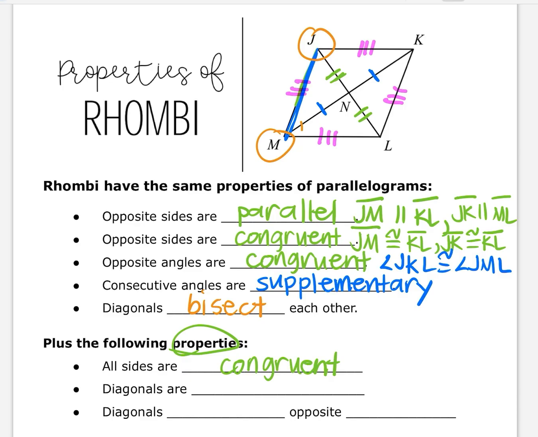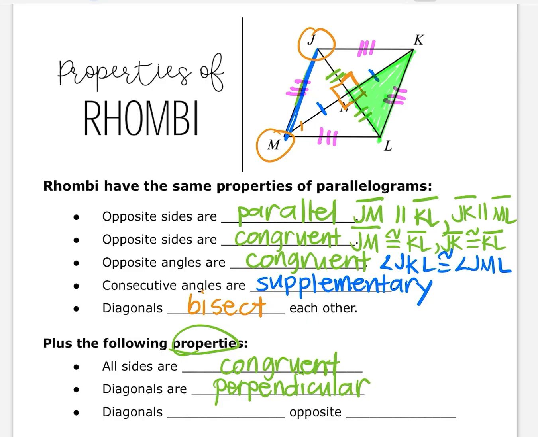The next property is that diagonals are perpendicular. This means that the two diagonals bisect each other, and at the same time they create right angles. So there is a right angle in the middle. If the middle part of the figure is a right angle, then if we focus on only one part of the figure, say this triangle that I am coloring in green, it is considered a right triangle.